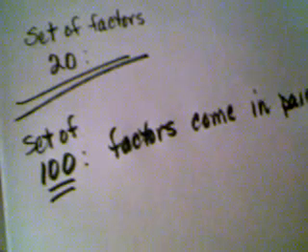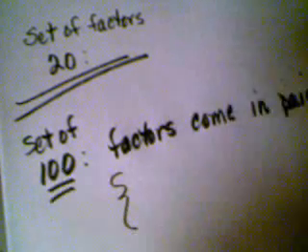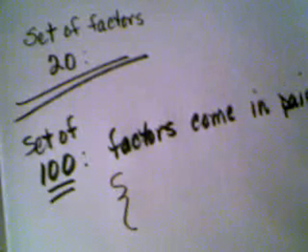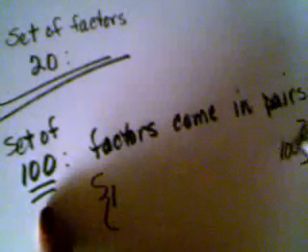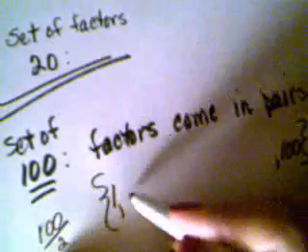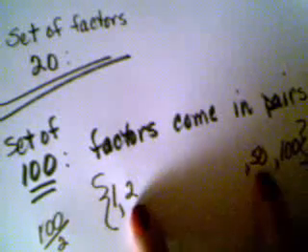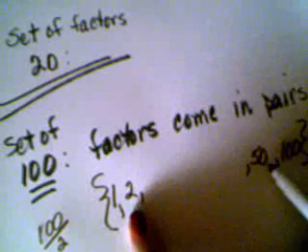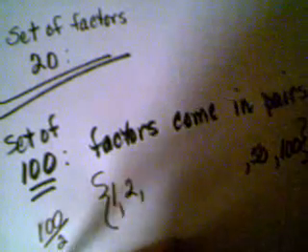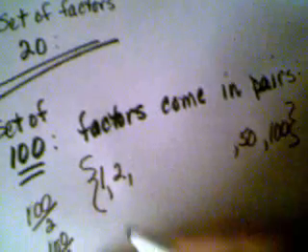Factors come in pairs. So if I do not want to draw out all the factors of 100, I start out with 1 and 100. Then I see if 2 goes into 100, and it does 50 times. So there will always be a mate for the number that's given. Then I try to see if 3 will go into 100, and it won't.